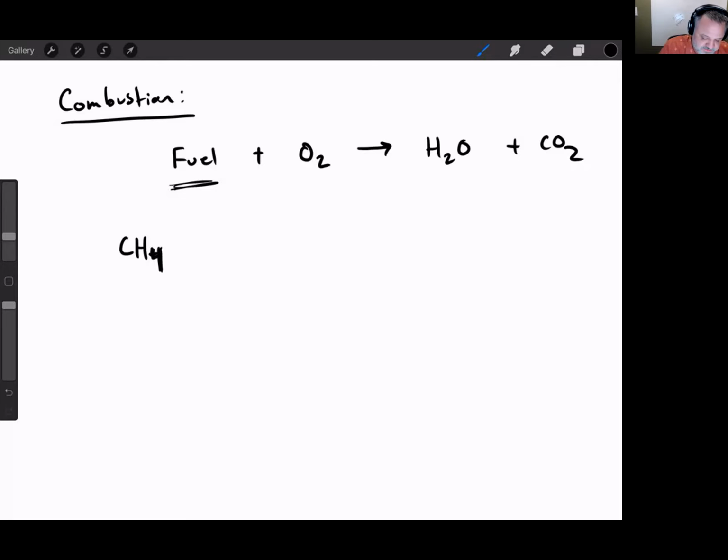So you would write down CH4 plus oxygen produces water and carbon dioxide. Does it matter if I list carbon dioxide before water? Definitely not. The order doesn't matter. It's just what side of the reaction matters, whether it's a product or a reactant.